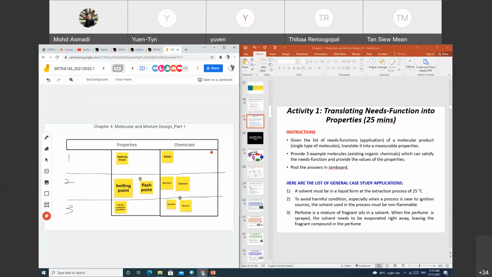So we can translate or convert that needs function to the properties, and from the properties find the chemical with the functional group. Yes, toluene can be the extraction solvent. Okay, any question? We finish our class before we stop.